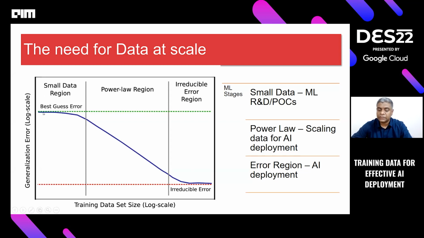This is the region where models are being tested and lots of R&D is being conducted. As the training increases, the model's performance improves and the models reach a certain threshold where they are now selected to get into production. As they are trained to get into production, the error drastically reduces due to the exponential increase in the training dataset size.